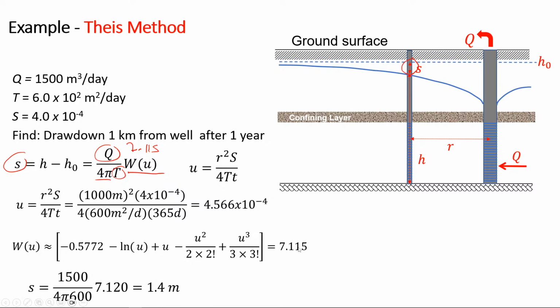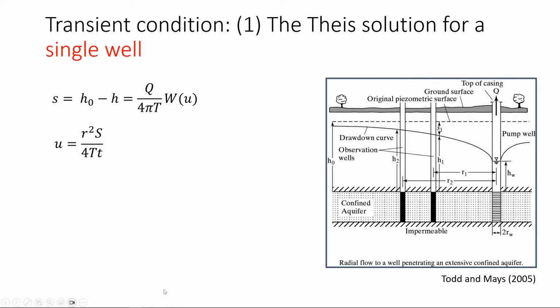I got a different value here. I think I got this one from interpolation, or you can just round it. I just rounded 0.115 to 0.12, 1.4.